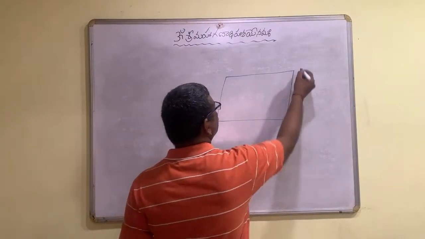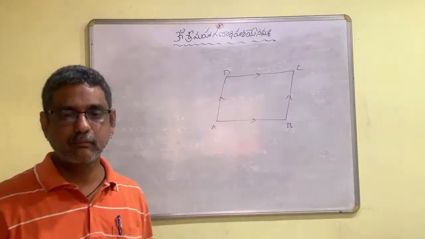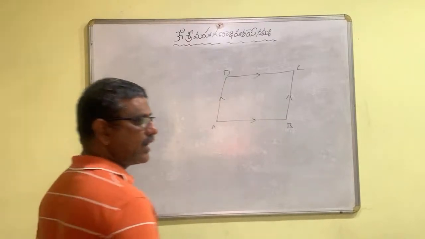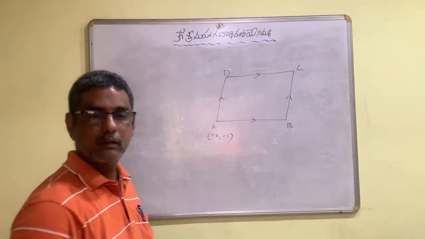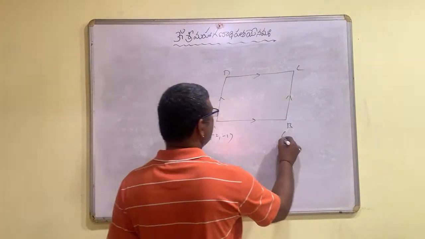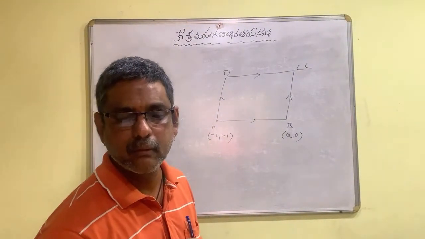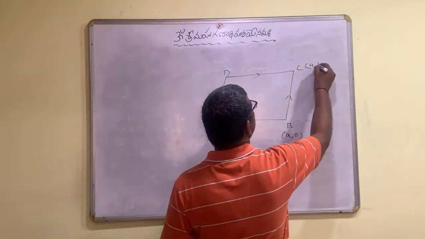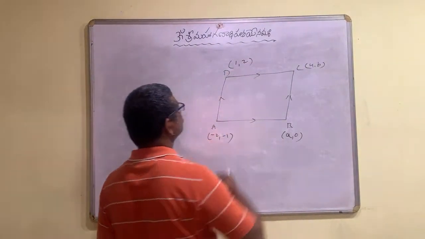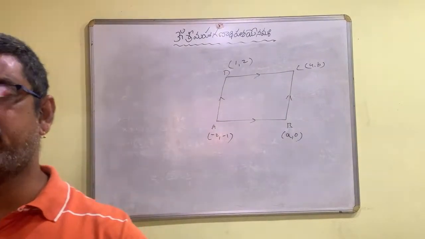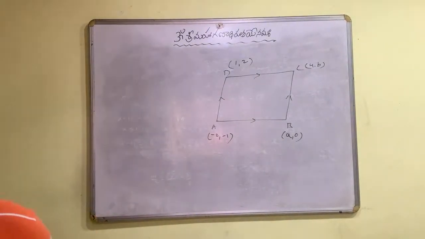Coordinates of A are (minus 2, minus 1), B is (a, 0), coordinates of C are (4, b), and coordinates of D are (1, 2). We need to find the value of a and b. Very important model for board exams, asked many times.